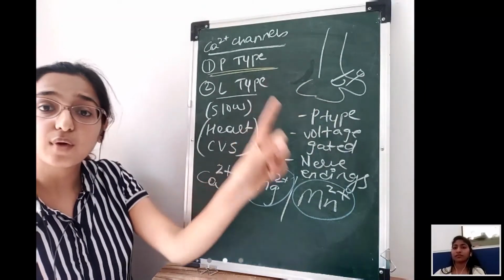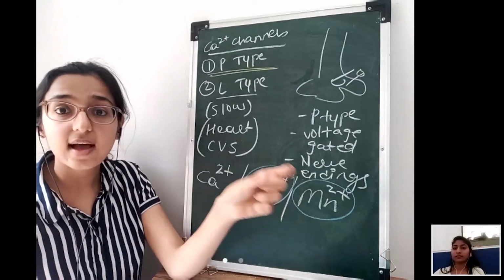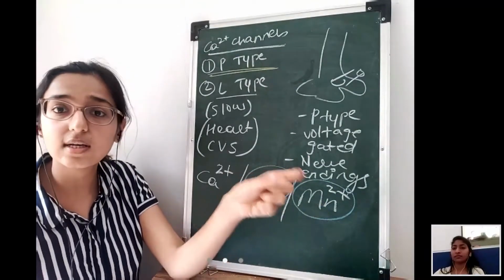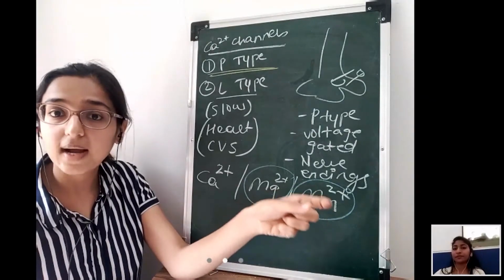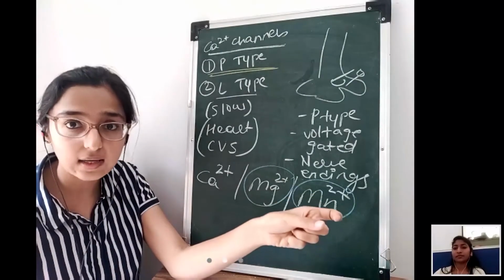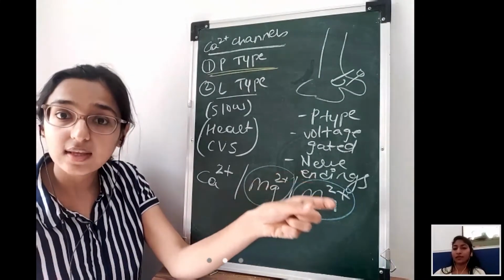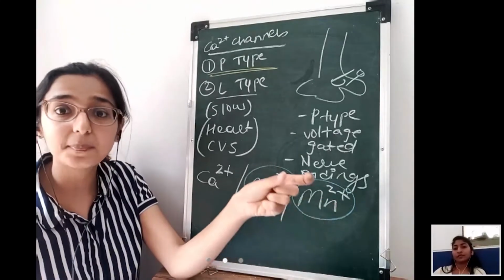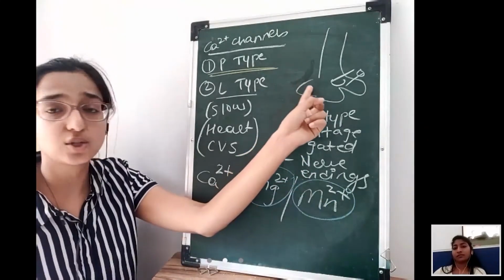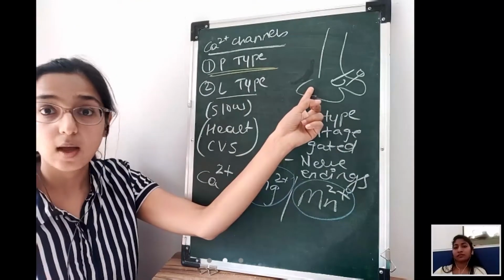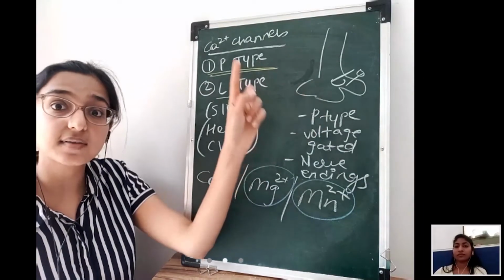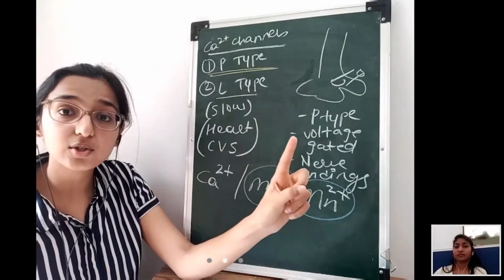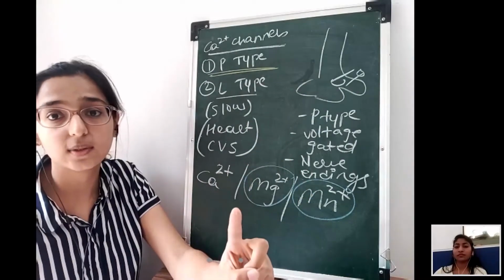So if you have a patient who is having PIH, she is on magnesium treatment. That means her serum magnesium levels will be high. So this high magnesium level will prevent the entry of calcium into the nerve. As we have learned, only when calcium enters will acetylcholine release.